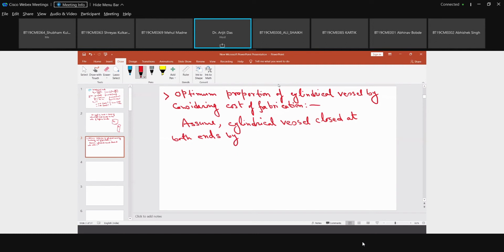If we consider the flat ends, then the calculation will be very easy. Rather, we are making some complexity here by considering the elliptical head. If we consider flat head, then it is very easy calculation.